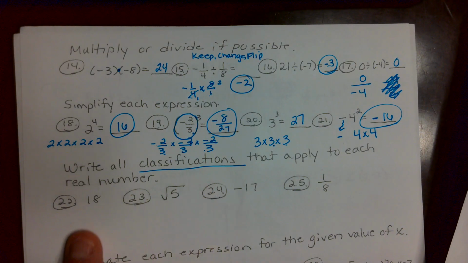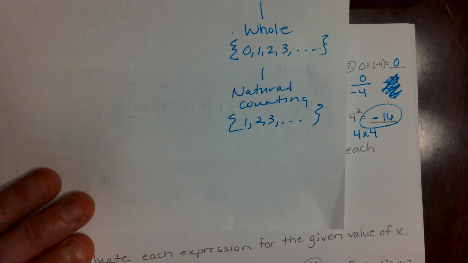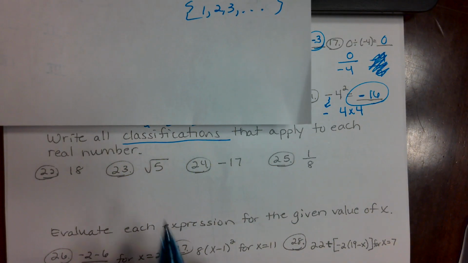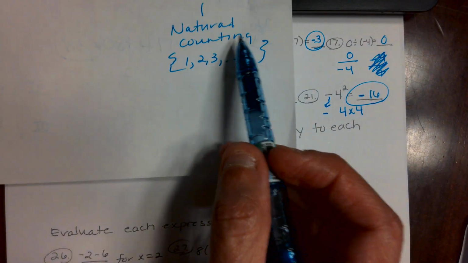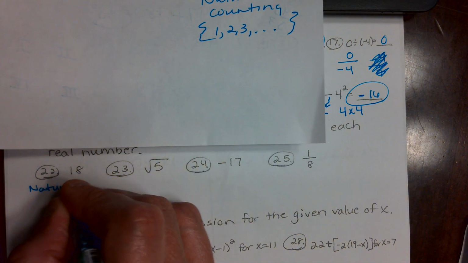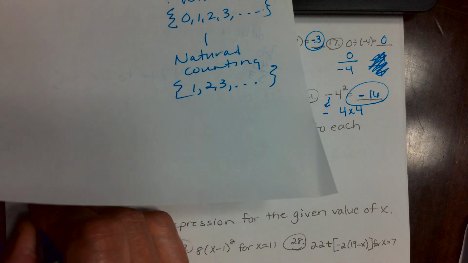Classify. 18. How far down can you see 18? It would be in here. So I'm going to write for an answer here. Let's see if I can get this all on here. I'm going to write natural numbers. And then I got to look straight up because I'm going to put everything else above it. Whole numbers.